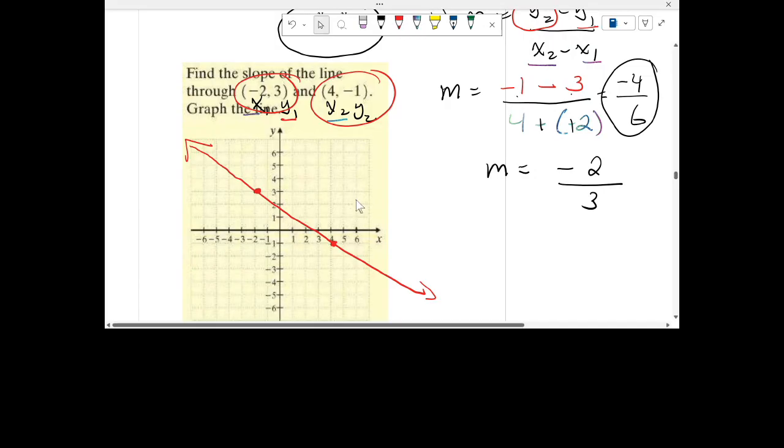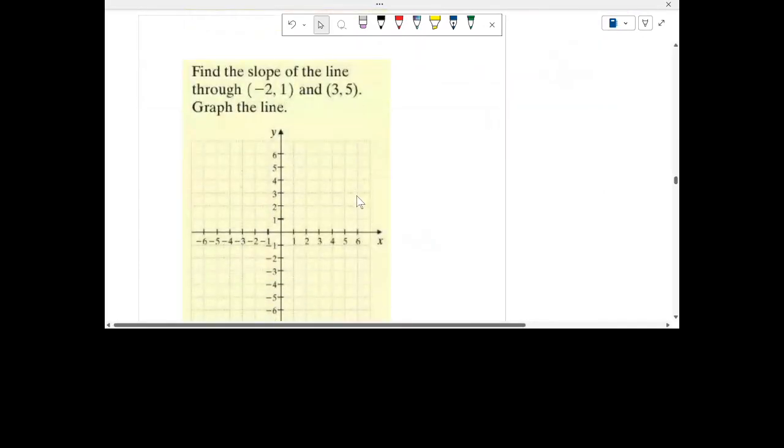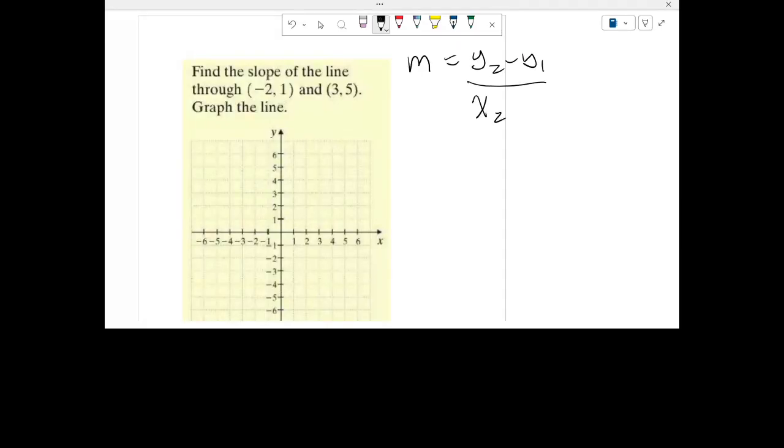Now, I got another problem similar, okay, right here. We're going to do the same thing. We're going to find the slope of the line. The first thing I'm going to do, y'all, I'm going to write down my formula one more time, okay? So here's my formula.